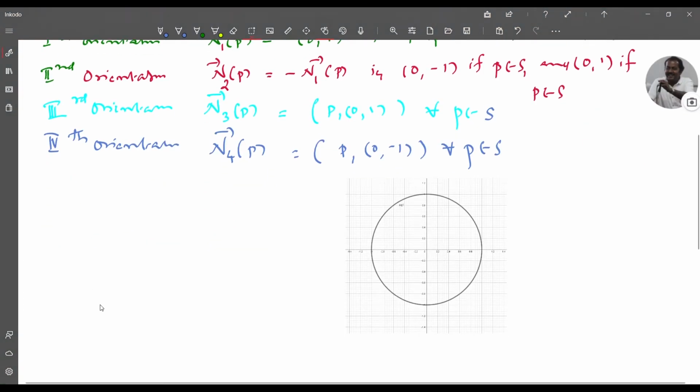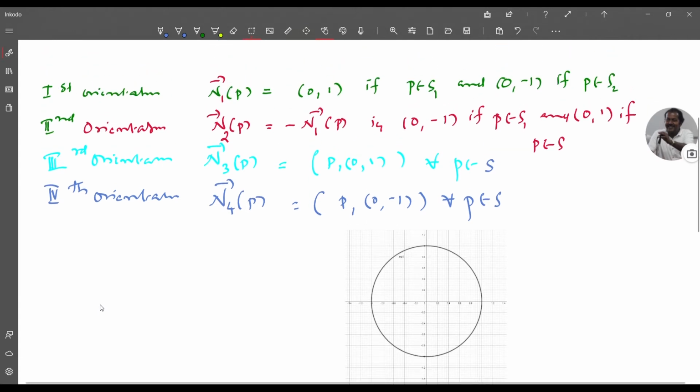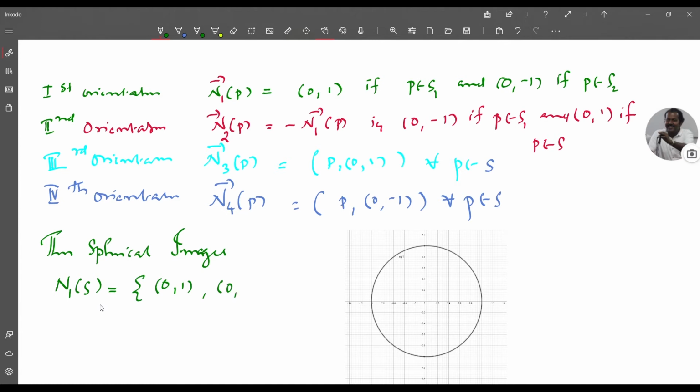Now we can discuss the spherical images corresponding to these four orientations. Then n1 of S, the spherical image, is the set {(0, 1), (0, minus 1)}. So that is these two points.